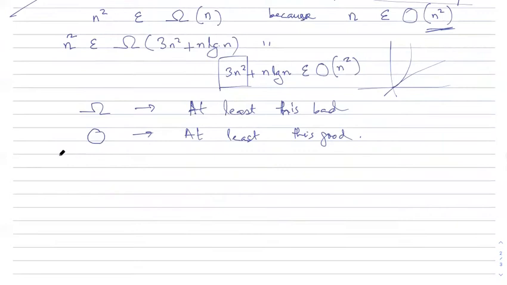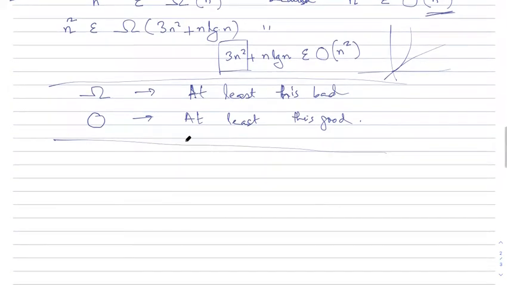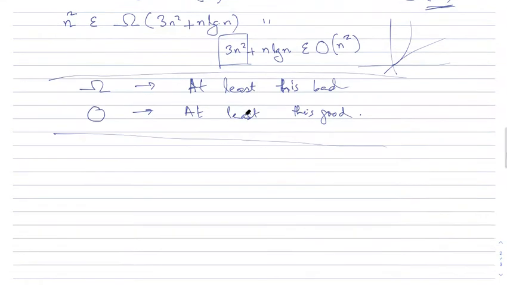Is that clear, this point? Just as big O cannot say how bad an algorithm is, sigma cannot say how good an algorithm is. On the other hand, big O can say it is at least this good, and likewise, sigma can say it is at least this bad.